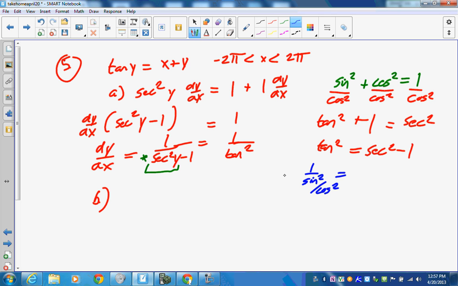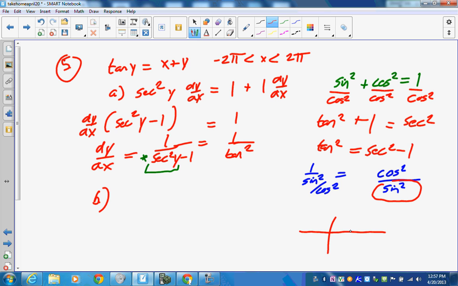So 1 over tangent squared can just be written as cosine squared over sine squared. Since we want to know where the tangent line of the graph is vertical, vertical tangent lines occur when the denominator is equal to 0.